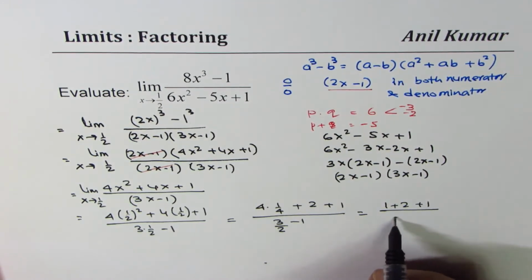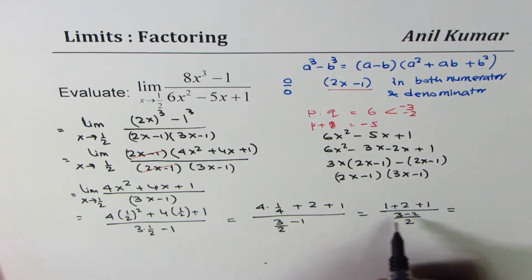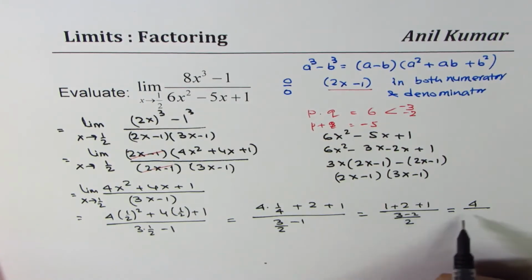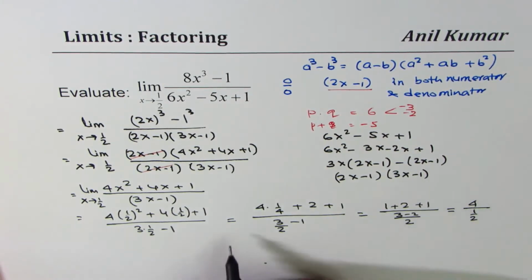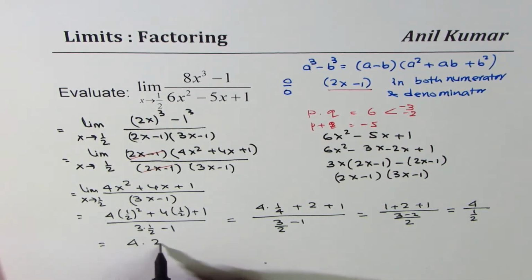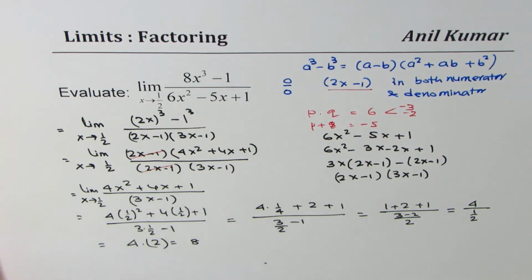Here we'll take 2 as a common denominator, so we get 3 minus 2. And this is equal to 3 divided by 3 minus 2 over 2, which is 1 over 2, or it is equal to 3 times 2, which is 6. So the limit of this function is 6 as x approaches half.